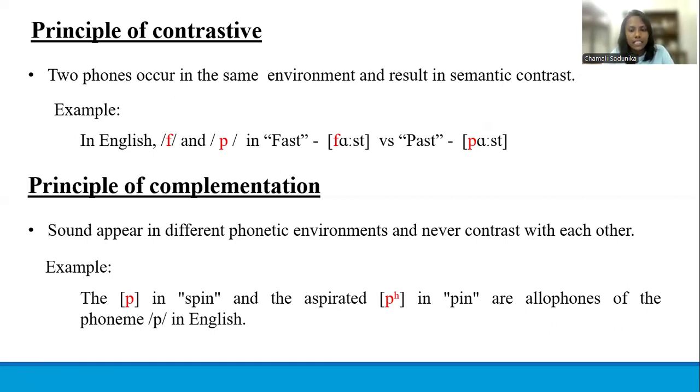And in pin, it is aspirated; we pronounce it with a puff of air. So these are allophones of the same phoneme p in English. These allophones appear in different phonetic environments and never contrast with each other, so they don't change the meaning here.